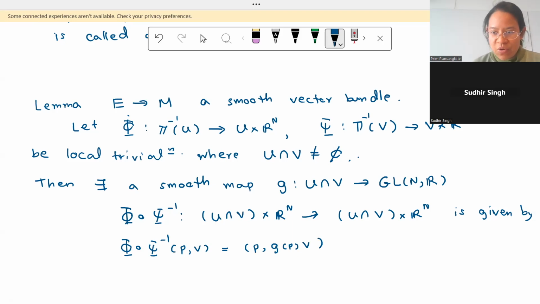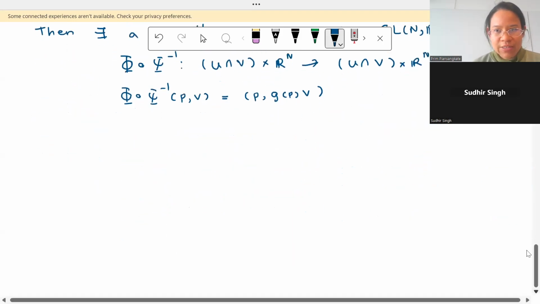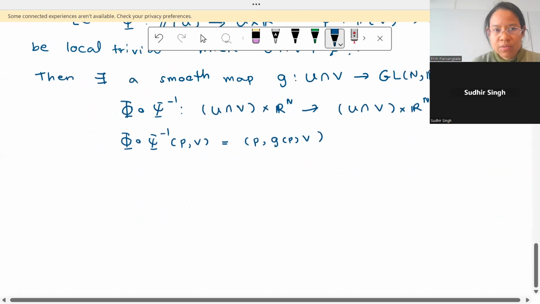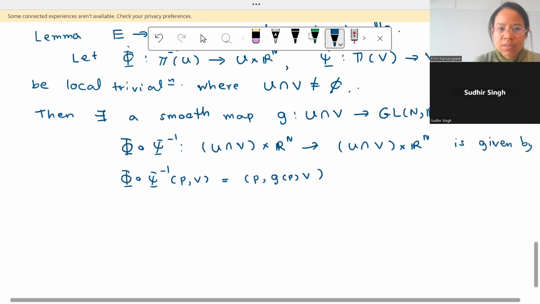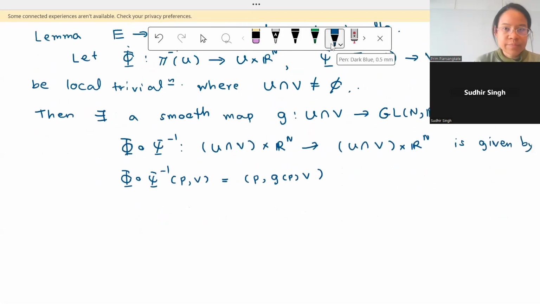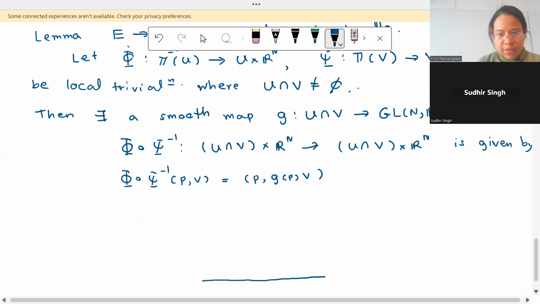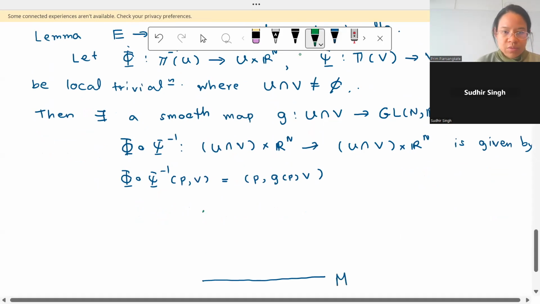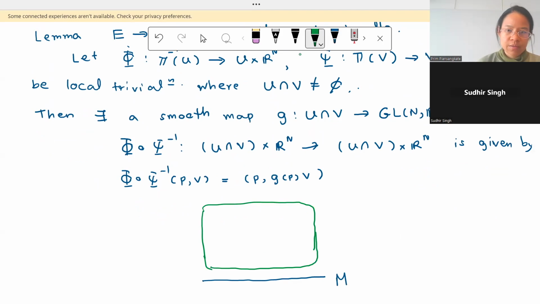Okay, so let me just draw a diagram to explain what I just wrote down. So we have a vector bundle over M, and two trivializations.